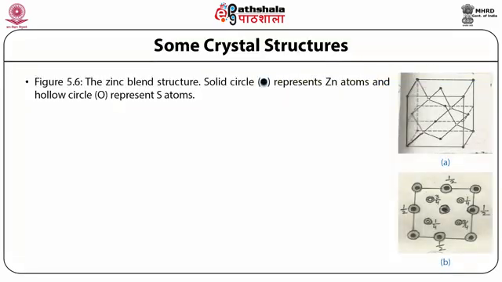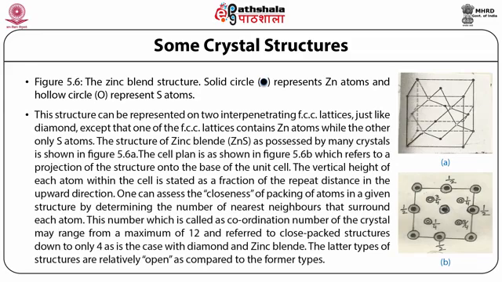Figure 5.6 shows the zinc blende structure. The solid circles represent Zn atoms and hollow circles represent S atoms. This structure can be represented as two interpenetrating FCC lattices, just like diamond, except that one of the FCC lattices contains Zn atoms while the other only S atoms.